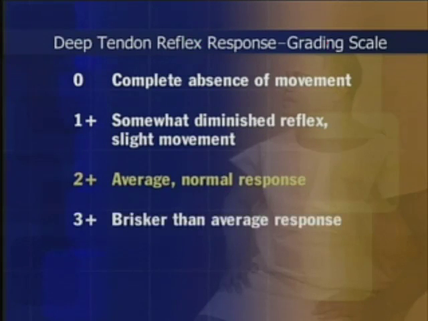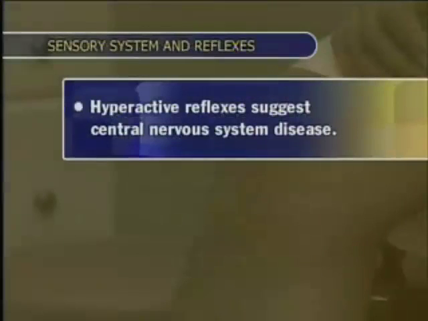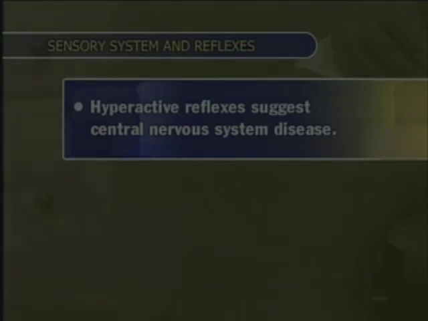A 3+ reflex is brisker than average, but not necessarily abnormal. A 4+ reflex is a very brisk hyperactive response. It is accompanied by clonus, a rhythmic oscillation between flexion and extension. Hyperactive reflexes suggest central nervous system disease.